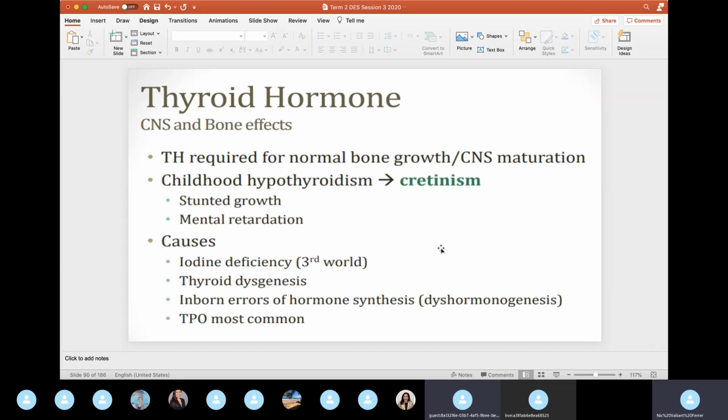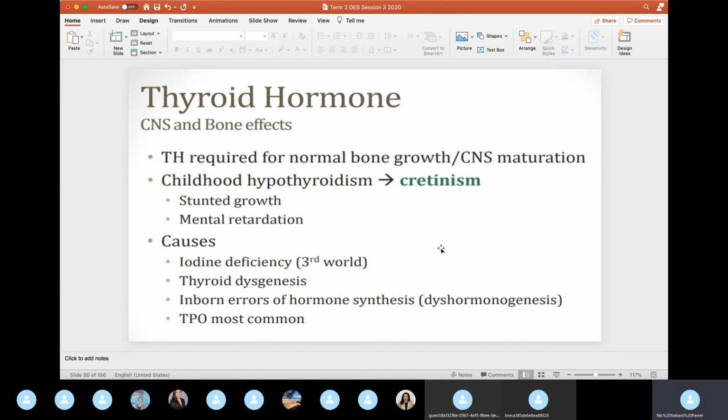But if it's untreated, it turns into cretinism, right? So this is if you don't have any iodine in the diet, you can have cretinism. Or if the thyroid doesn't develop, or if you have any inborn errors of your hormone synthesis, or you don't have thyroxine, TPO.